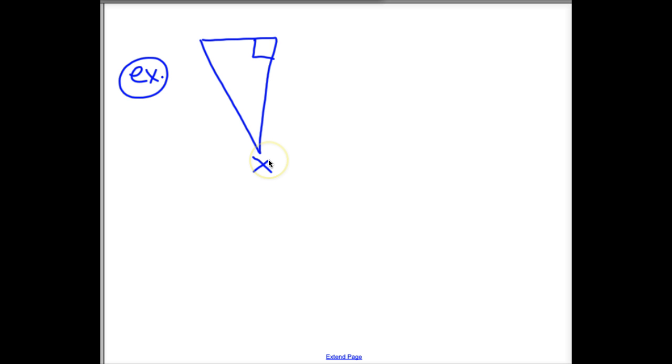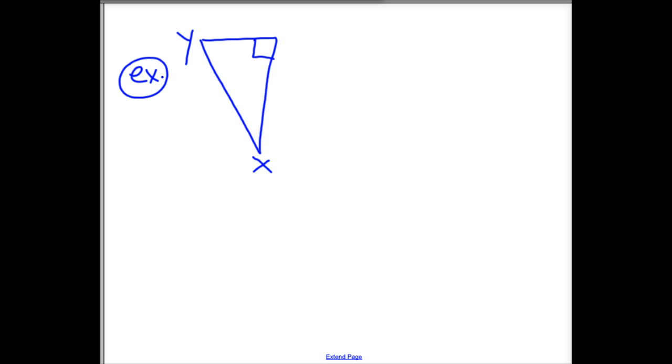So what I would like to do is give you a little example right here, where I'm going to put a right triangle down. I'm going to put my right angle right here. I'm going to put an X at this angle and a Y over here at the vertex of that angle. And what I would like to do is put some side lengths on here.